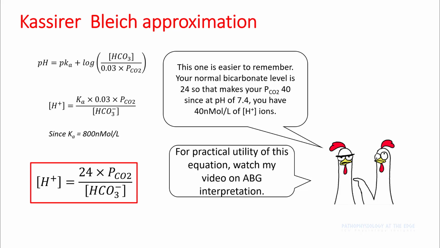Since at pH of 7.4, you have 40 nanomoles per liter of hydrogen ions. Take a moment to understand this equation and you will realize that it is very simple and will help you further when you interpret your ABG. For practical utility of this equation, please watch my video on ABG interpretation.